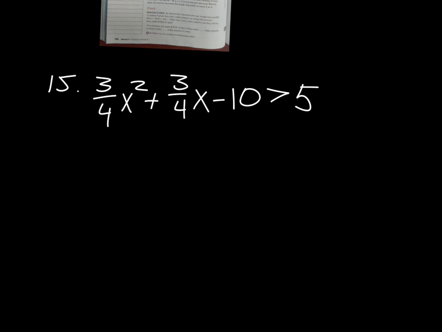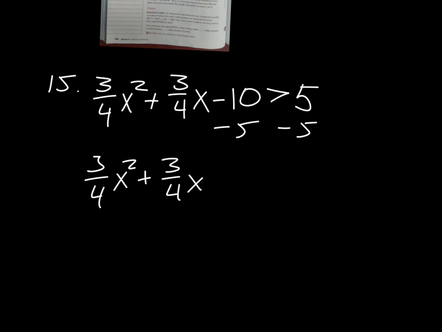We'll deal with those here in a second. No matter what, if you're finding x-intercepts, you've got to have it set equal to 0. Then you can choose your options. So I'm going to subtract 5. And now what are your options from this point?